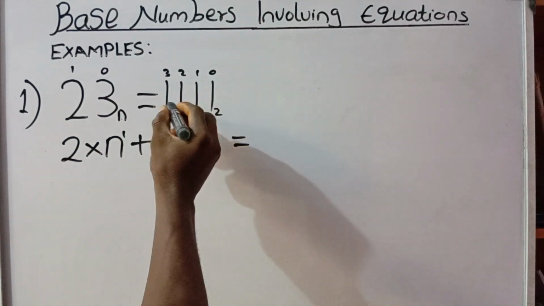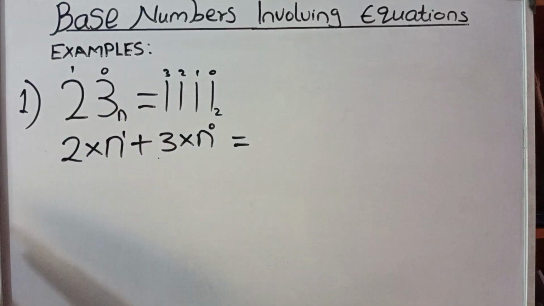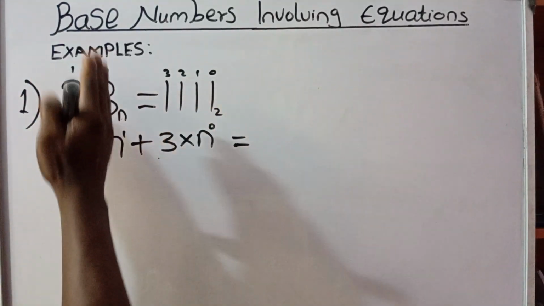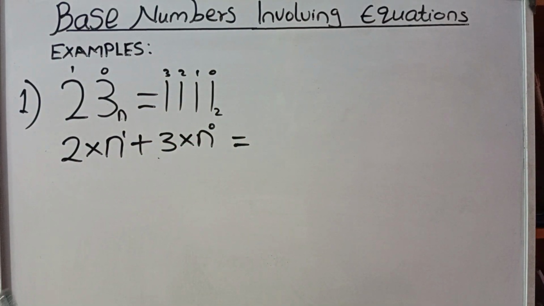So let's now convert this base 2 to base 10. The most important thing is to convert both sides to base 10, so that we'll be able to get the equation much clearer.